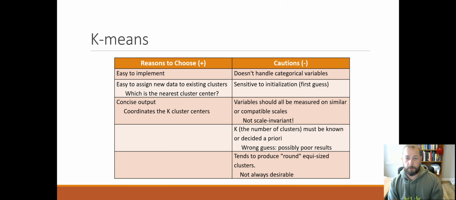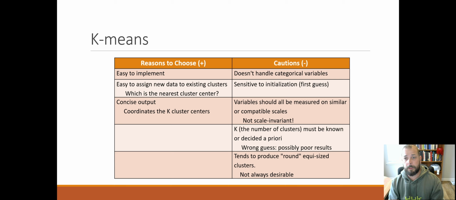Variables also should be measured on a similar scale. We talked about this last time: min-max normalization, making sure that variables that have very large ranges are not over impacting your model. And then you could always guess the wrong number of clusters.